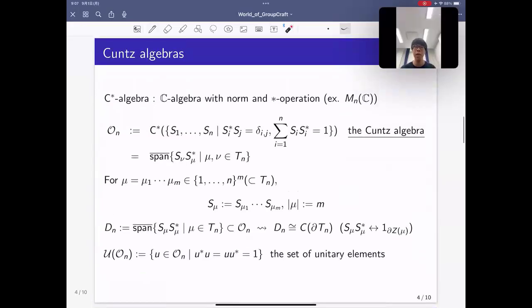First of all, the C*-algebra, which is the main research object in operator algebra theory, is roughly a C*-algebra with norm and star operation, like matrices. It has a norm as an operator norm, and it has an adjoint as a star operation. I mean, transposing and taking the complex conjugate.